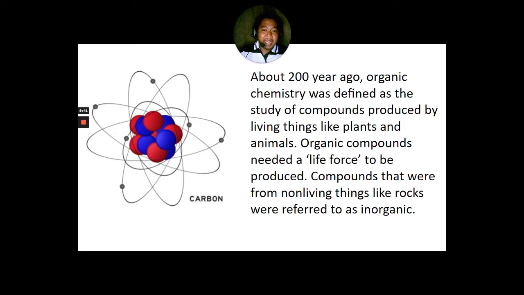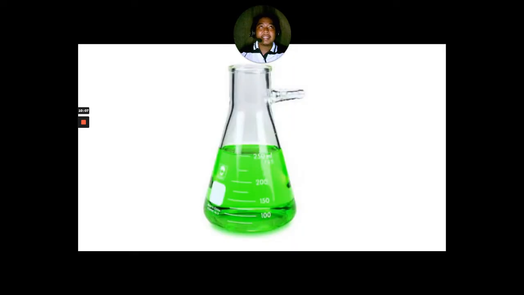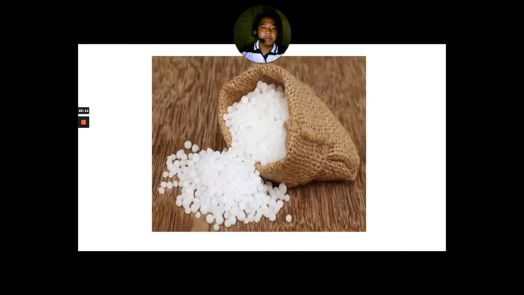So for many years, specifically 200 years ago, people believed that carbon can only be found in organic or living things like plants and animals, until Frederick Wohler came into the picture. He's a scientist who was able to synthesize ammonium cyanide, an inorganic compound, to form urea.